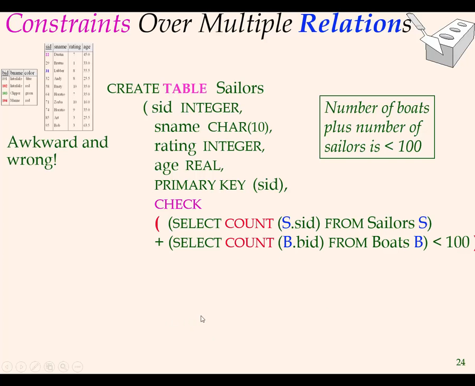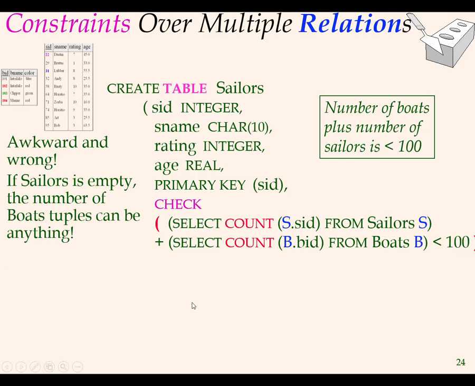I'm not sure if this is matching the real reality, but this is an example of a constraint over multiple relations. Now it's possible that the count for sailors is 0, and 0 plus the count of boats will be less than 100.